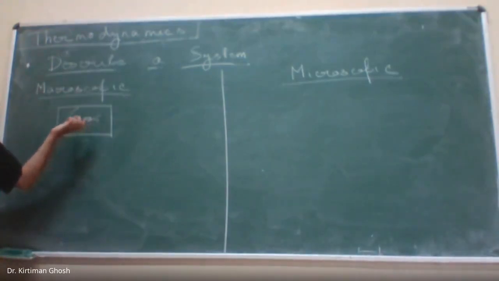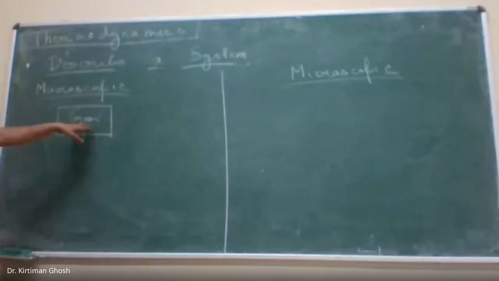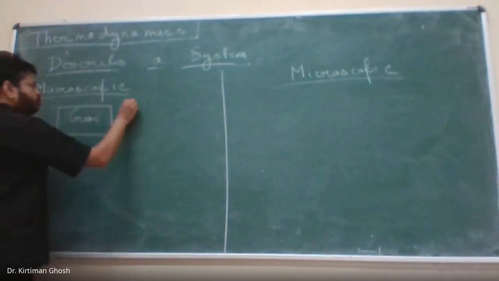What are the variables of this system I need to know in order to specify the system at a large scale level or at a gross level? So first of all, since this container contains several gases, the first quantity I want to know is the composition of these gases.